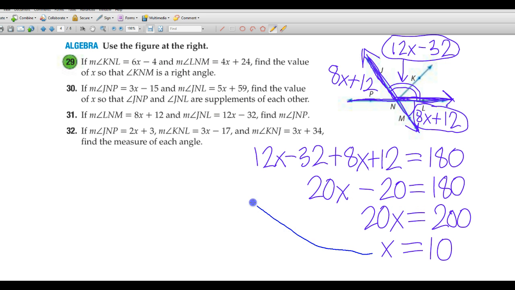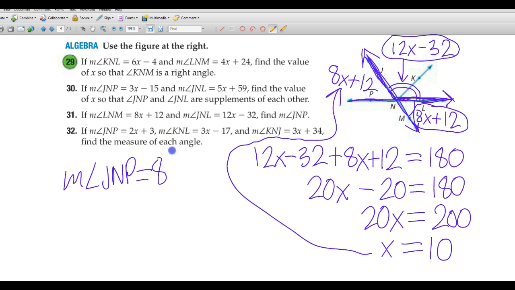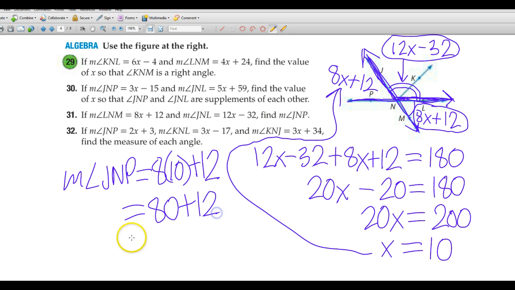Then we have to substitute that back in. So 8 times 10 plus 12. So J and P would be 92 degrees.